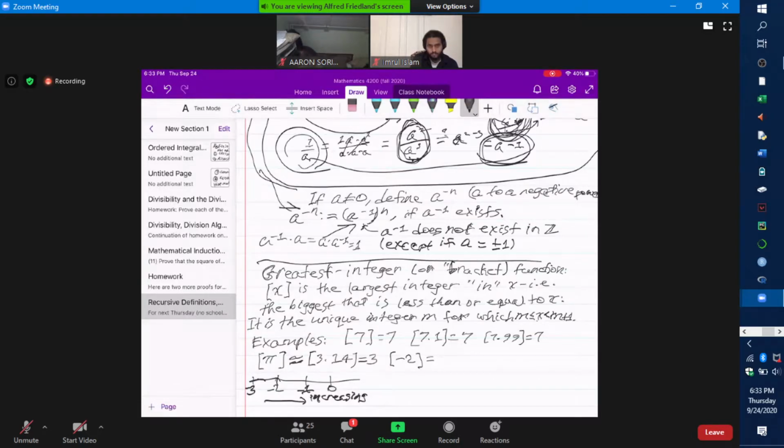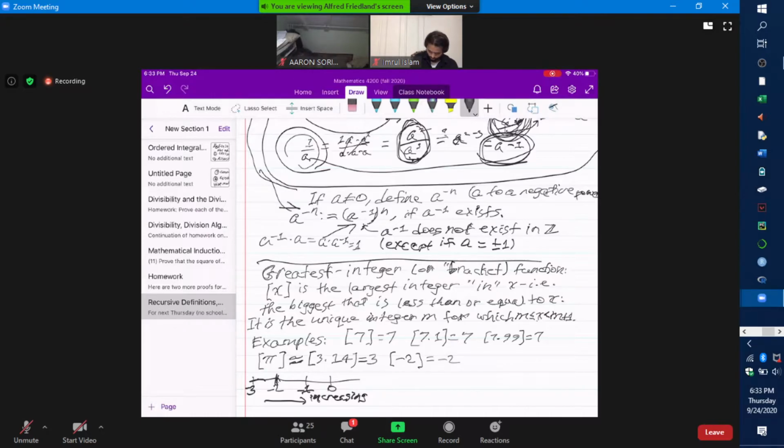So you want the biggest integer, the rightmost integer, that is less than or equal to -2. Clearly the greatest integer that is less than or equal to -2 is -2 itself.